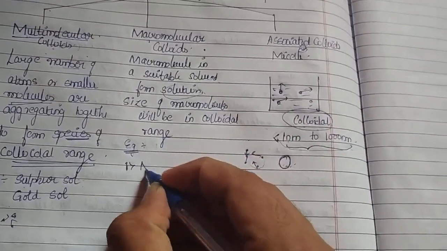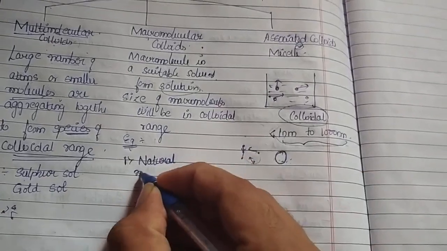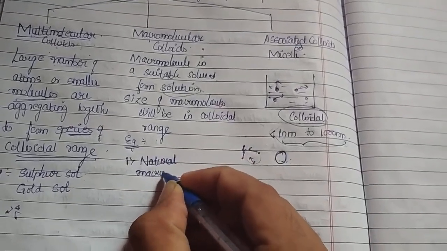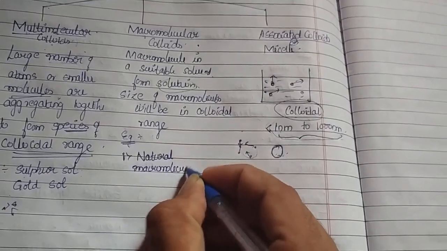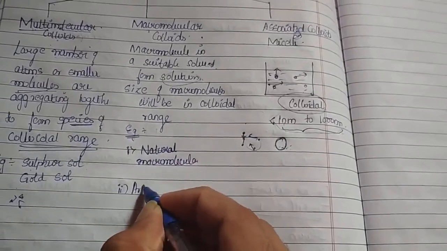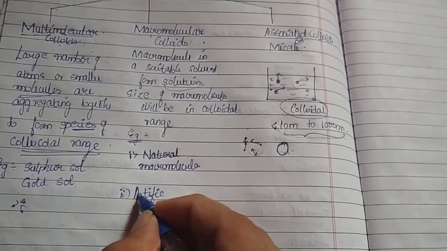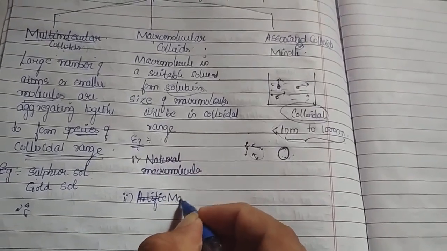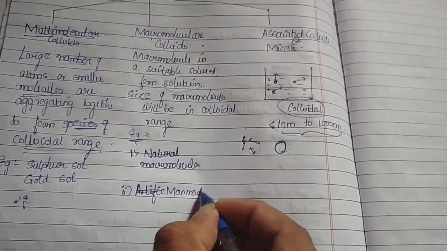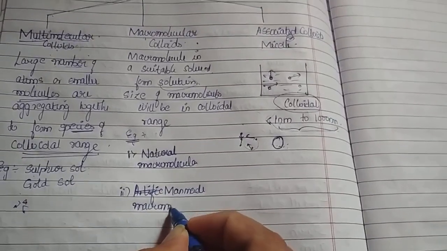One is natural macromolecular colloids, and the second one is artificial macromolecular colloids, or to be more specific, man-made macromolecular colloids.